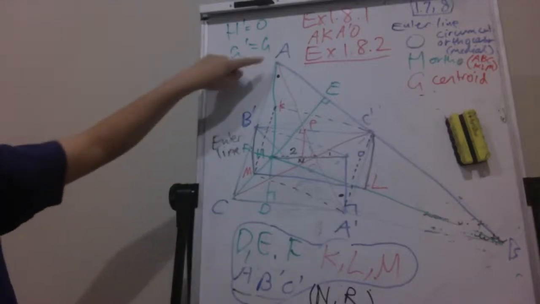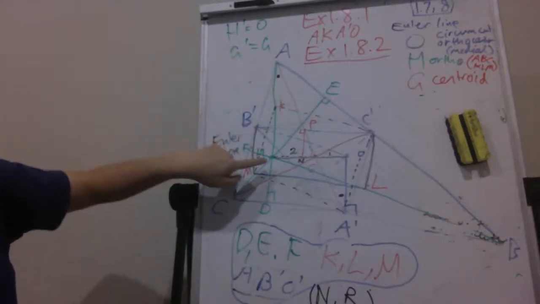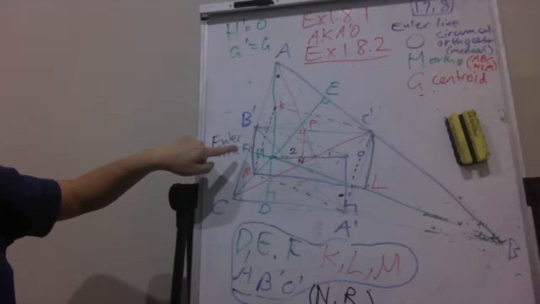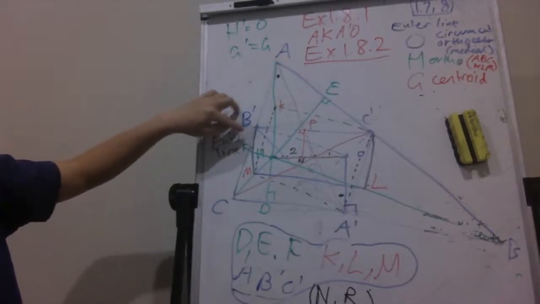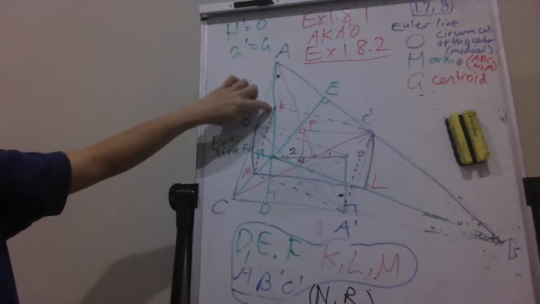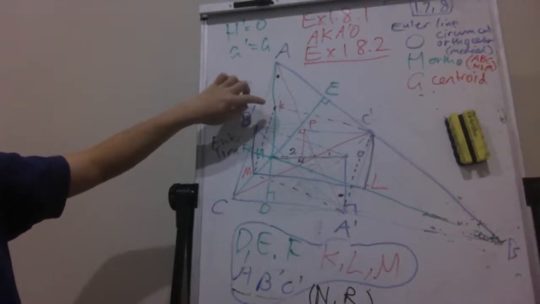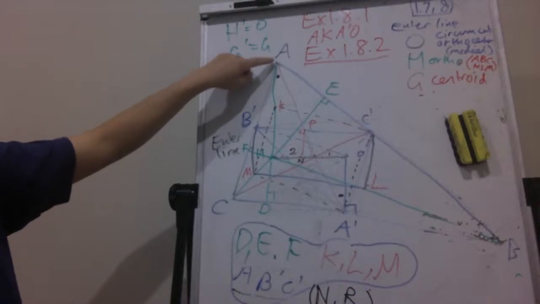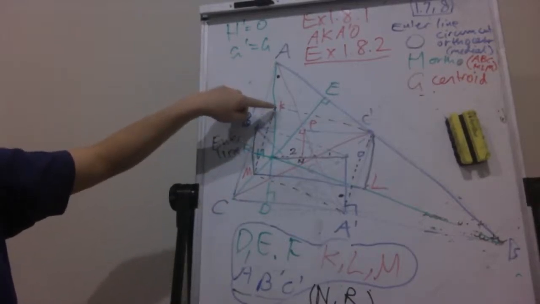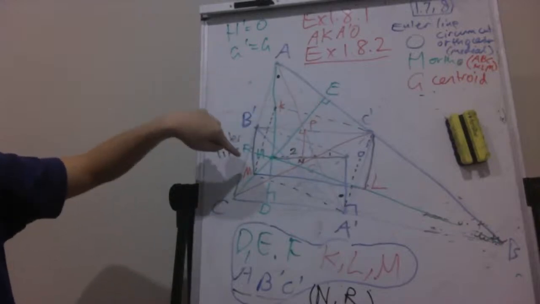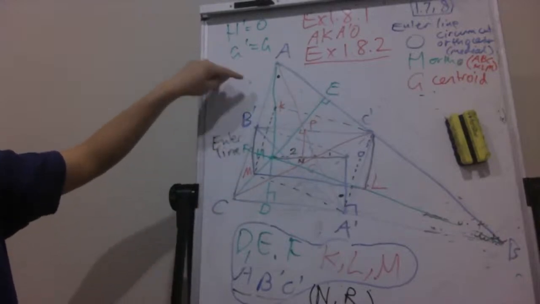AEHF is cyclic because they have the right angles. And K is the center. So KF is equal to KE, because AH is the diameter, right? So therefore KE is equal to KF. Seems legit, because that's the center.